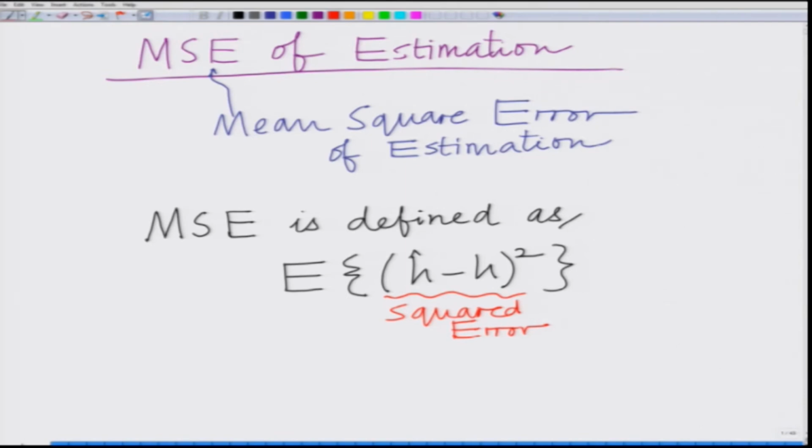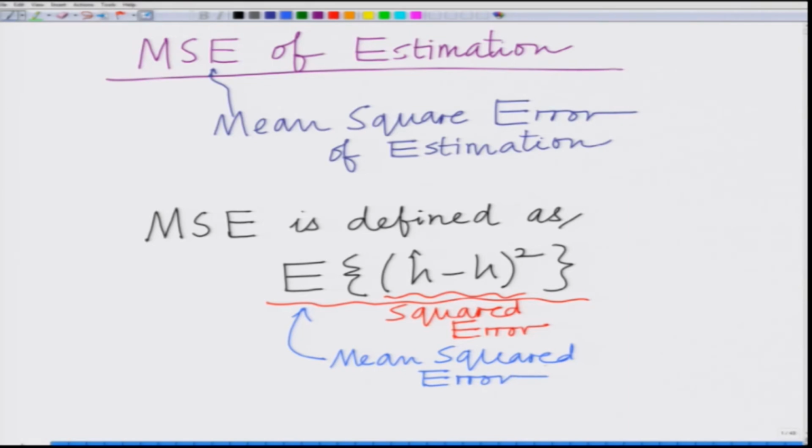So we are looking at the error, which is h hat minus h, we are looking at the squared error, and then we are taking the expected value, the expectation operator, which gives us the average value of the squared error, which is nothing but the mean squared error.